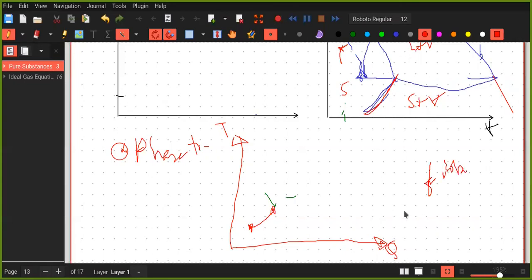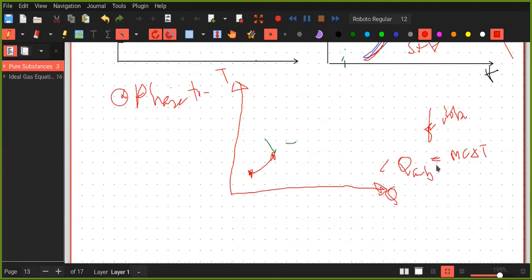In that case, I mentioned that the heat delta Q, say from A to B, can be found by mc delta T. This isn't true because obviously this is thermodynamics.